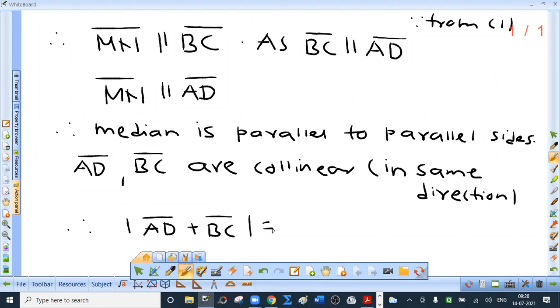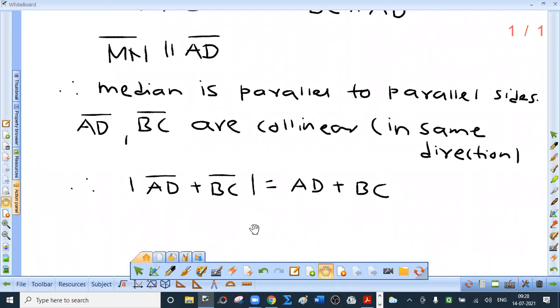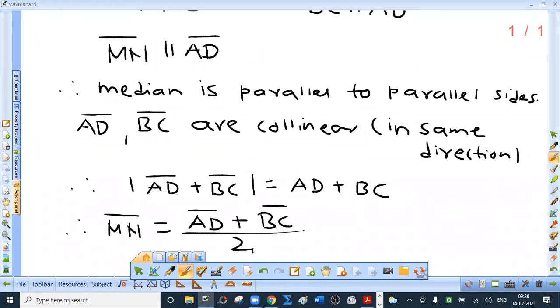It is simply AD plus BC. Now I can say we have proved this, that MN bar equal to AD bar plus BC bar upon 2 gives MN equal to what?